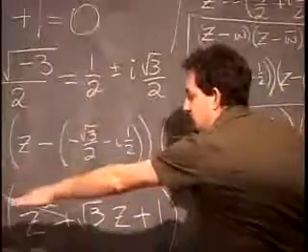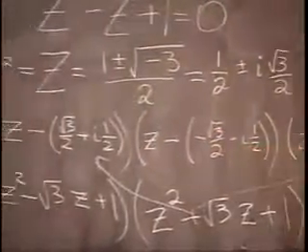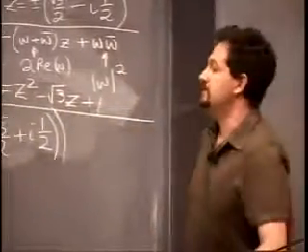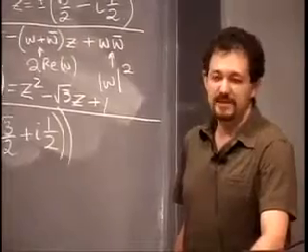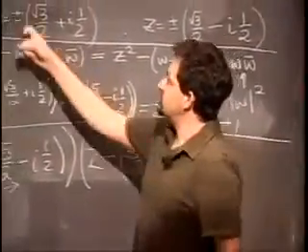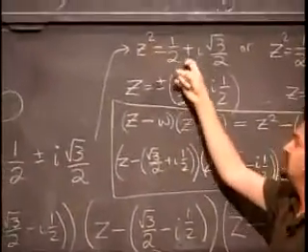You should get a real quadratic. If you repeat with the other two, you get a different real quadratic. That's how you solve this type of problem. It's pretty tricky, but it's still based on the same sort of idea, and that is that you have to solve equations of the form z to the n equals something.